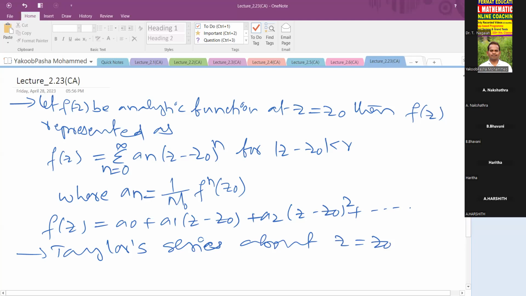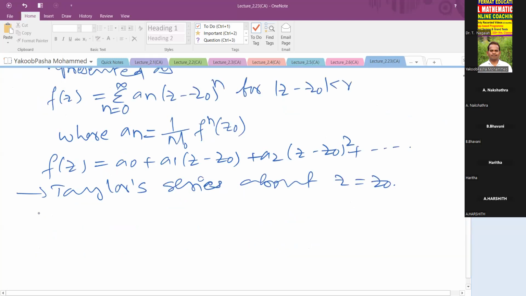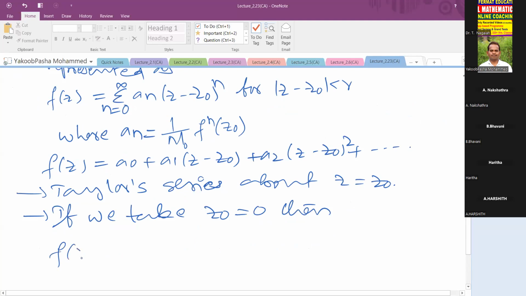If we replace z naught by 0, if we take z naught equal to 0, then we can represent f of z as a0 plus a1 into (z minus z naught), z naught means here 0, so a1 into z plus a2 into z square and so on.